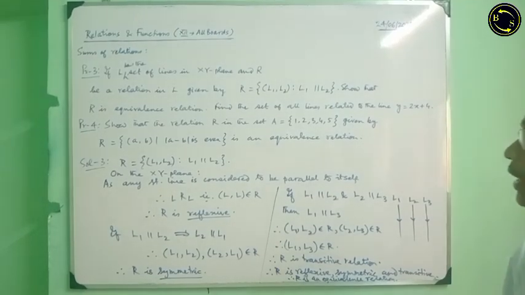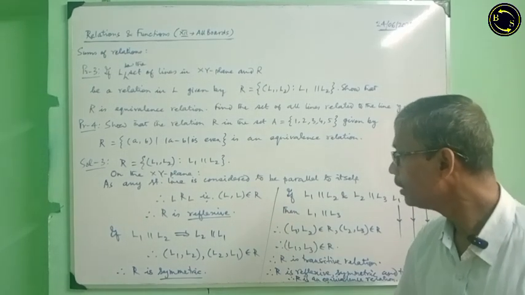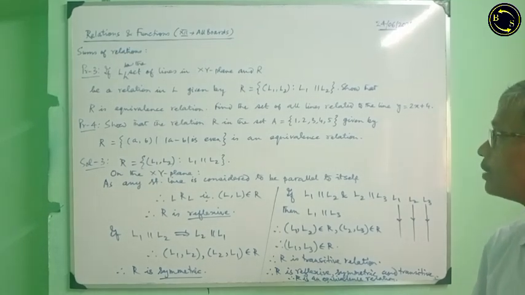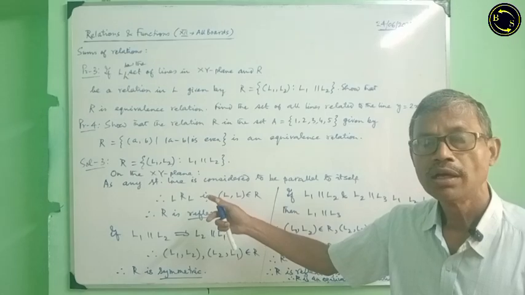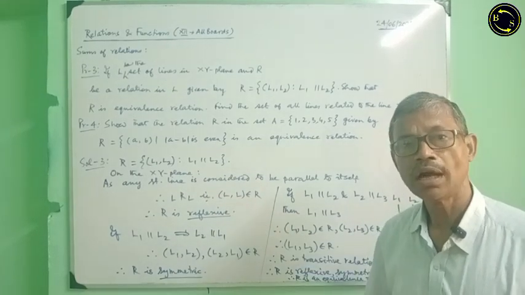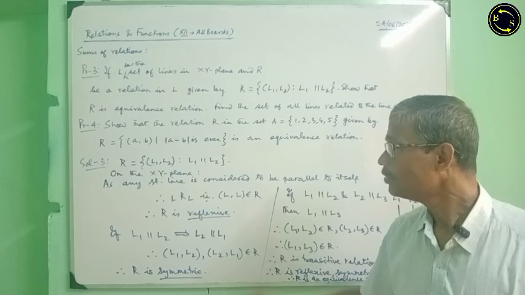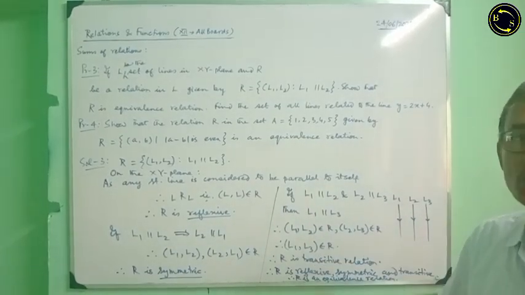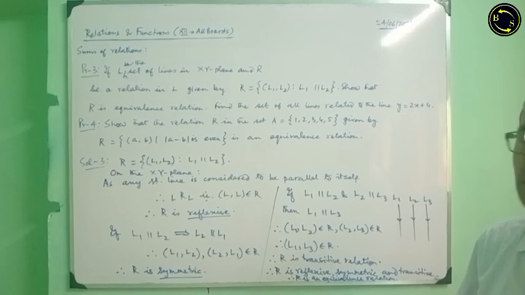Now, if you find that any of these three does not hold, then the relation is not equivalence. If you see in the first step it is violating, R is not reflexive, then without showing the other two, you conclude that R is not an equivalence relation.